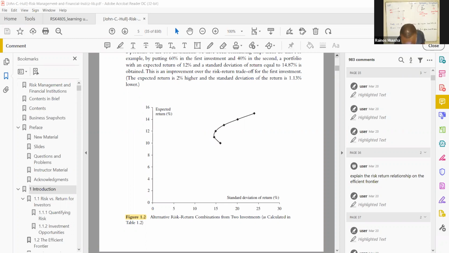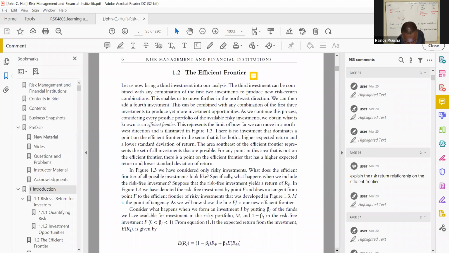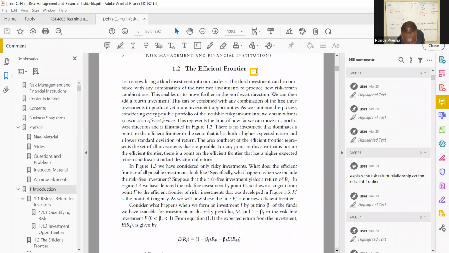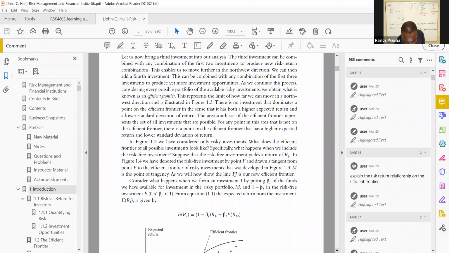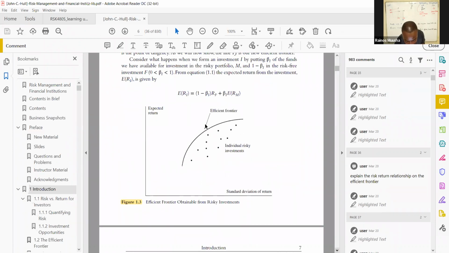So if you go to the next section where they talk about the efficient frontier, they are basically saying that in effect, the efficient frontier would be given as this, where you're looking at the combination of the expected return and the standard deviation.